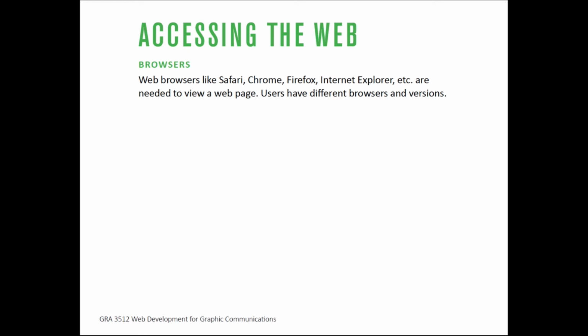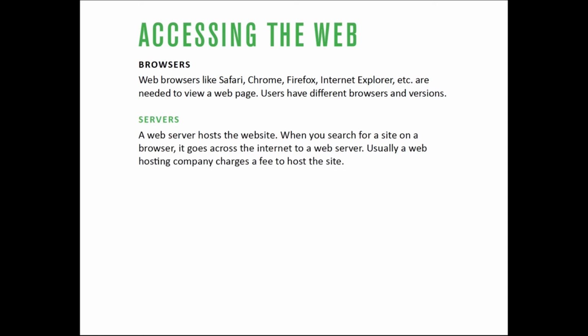And you want to try to test your websites out in preview in a couple of different browsers just to see how they appear. And then a web server hosts your website.